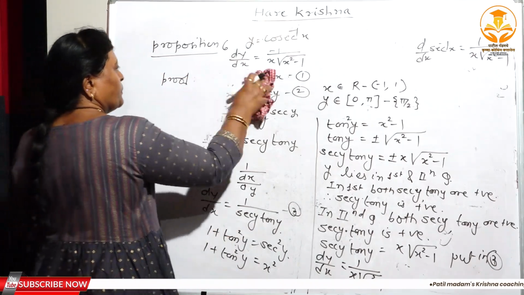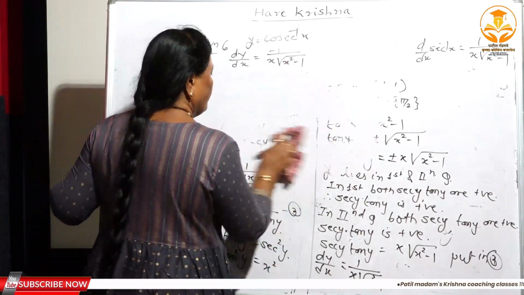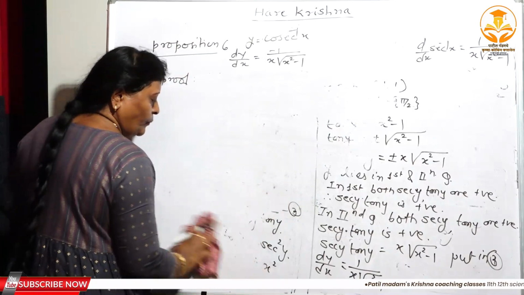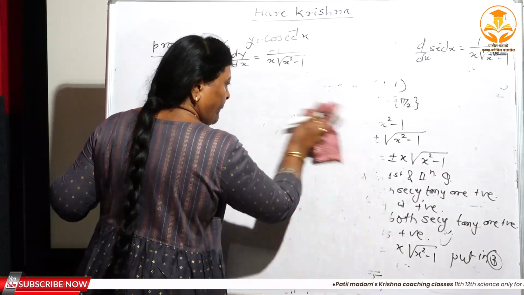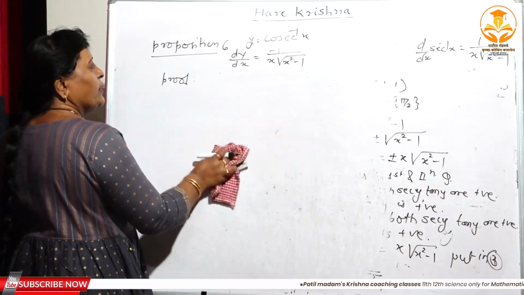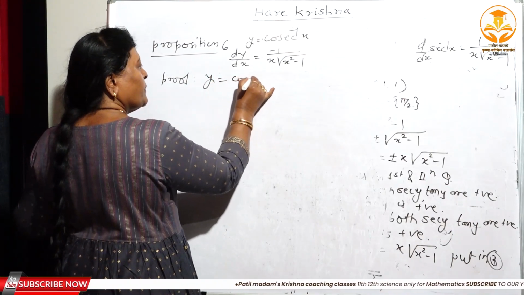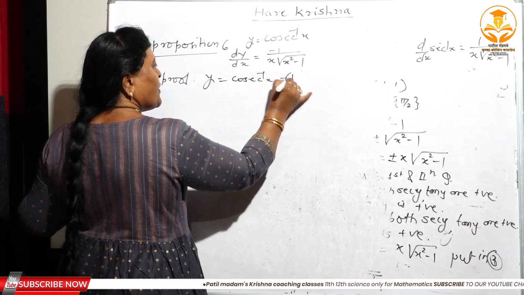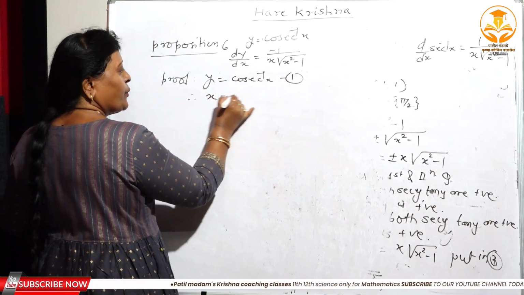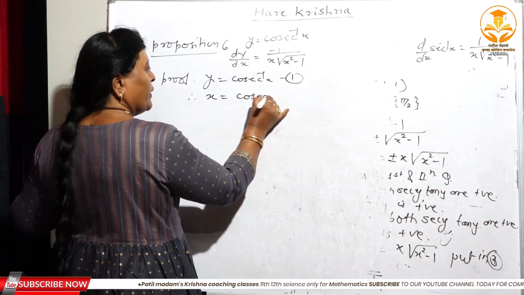See here. Again the simple one. Here again the sixth proposition. y is equal to cosec inverse x. This is first. Therefore, x is equal to cosec y. Right?